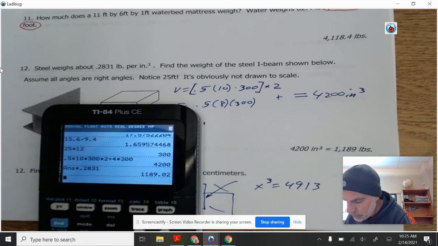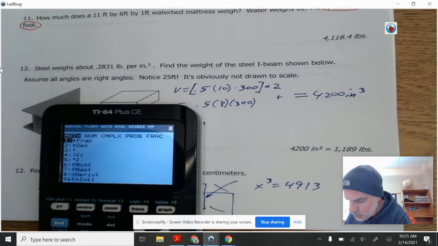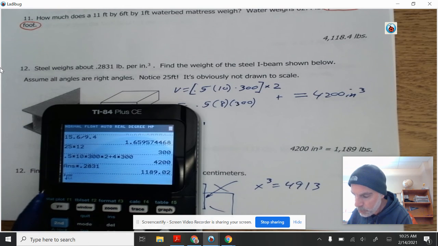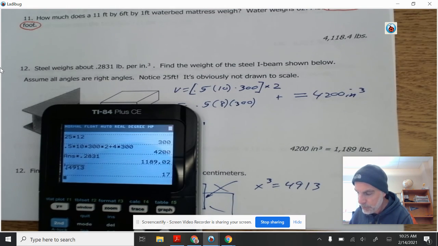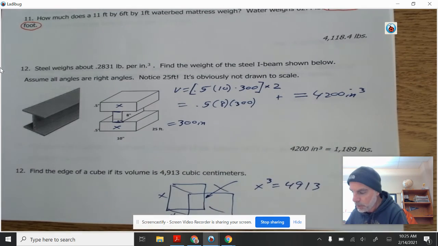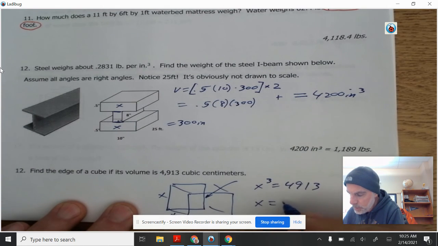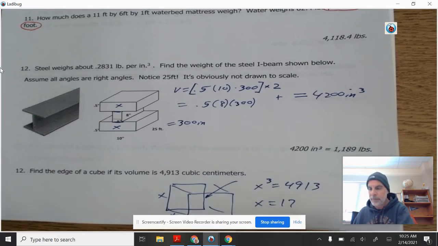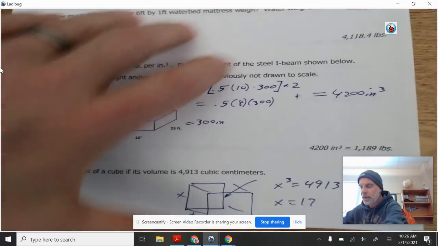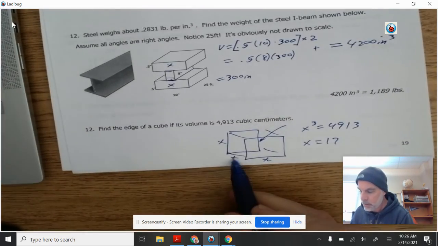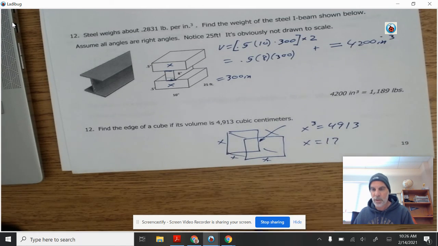There's a math button on here. Go to math and go down to number 4, and you'll see it's a cube root. You can type this in Google. The cube root, there's the little 3 that's up there, of 4913 is 17. It's a perfect one. I chose that on purpose. So what that means is 17 times 17 times 17 gives you this 4913.